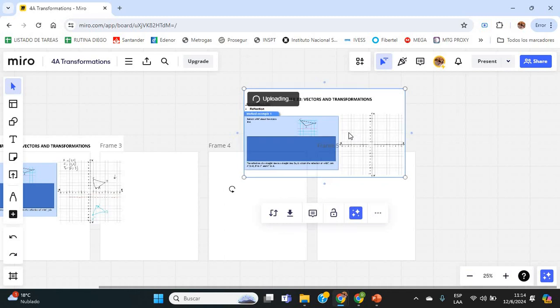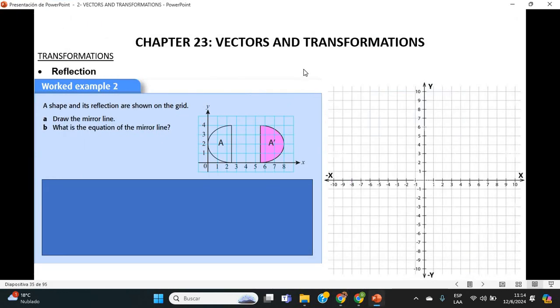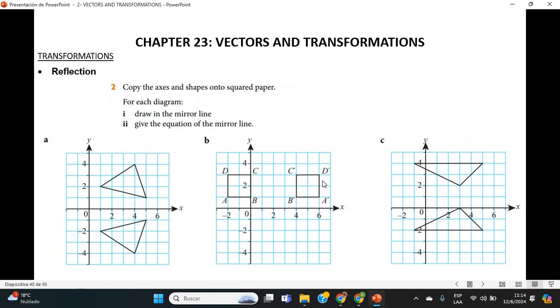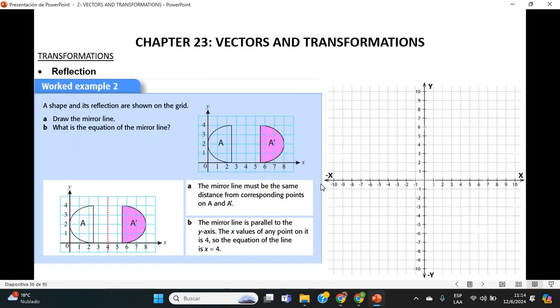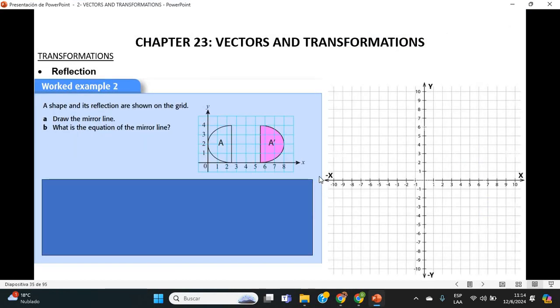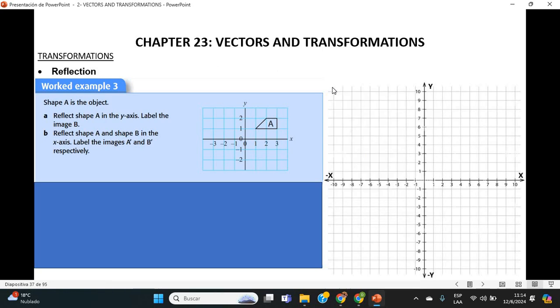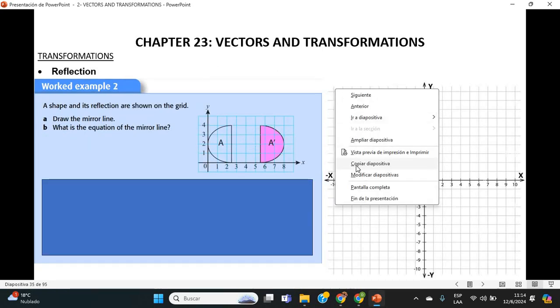Why can't I copy it? Wait, I'm having technical problems. Let's see, how can I copy this? Here.